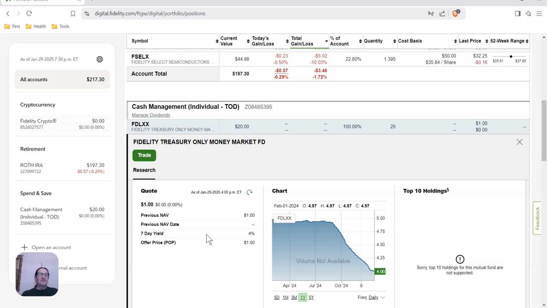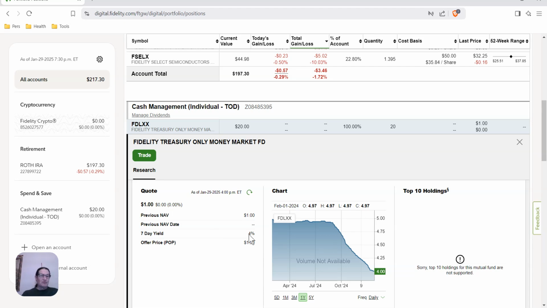Again, the advantage of having it with Fidelity instead of elsewhere is, number one, this comes with a debit card. All high yield savings accounts opened elsewhere do not have a debit card. Number two, the interest rate is very competitive.